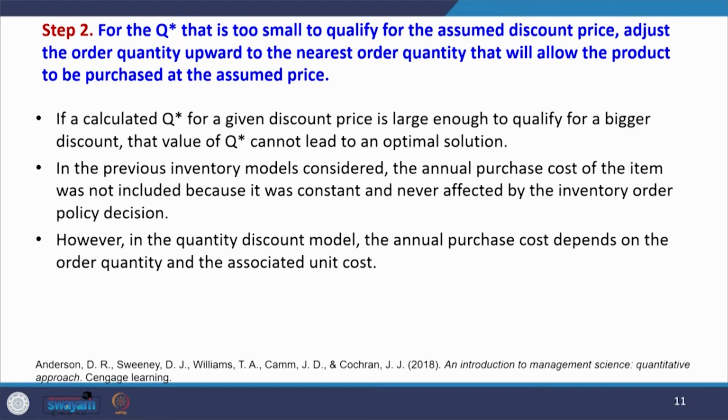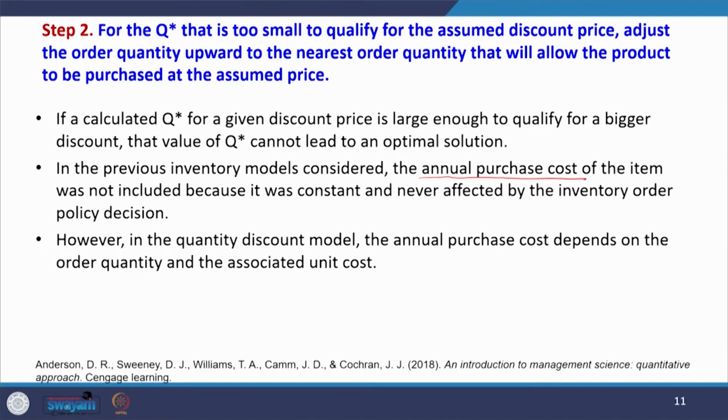In the previous inventory models considered, the annual purchase cost of the item was not included because it was constant, never affected by the inventory policy decision. So far, in the previous inventory models we did not consider annual purchasing cost.